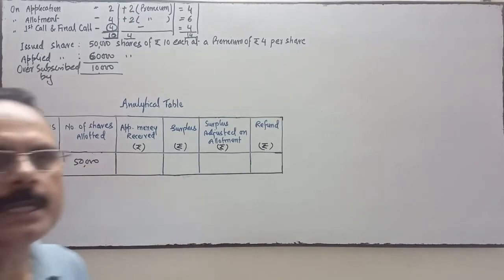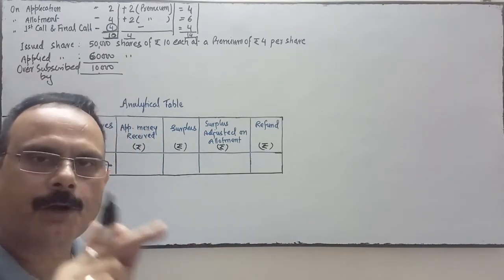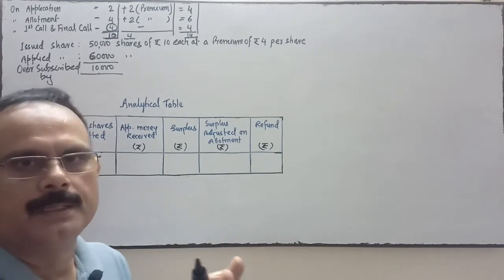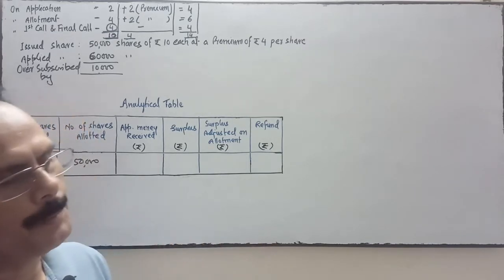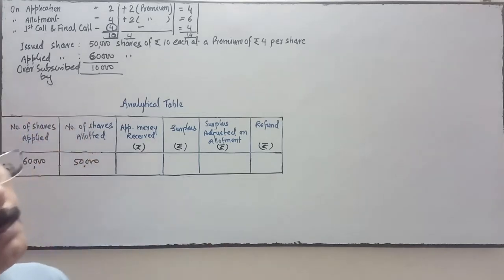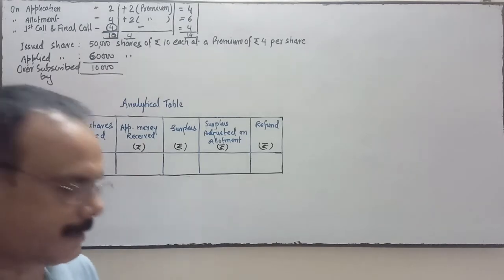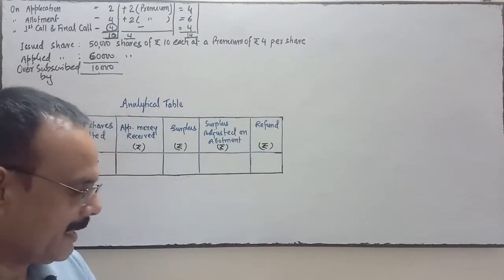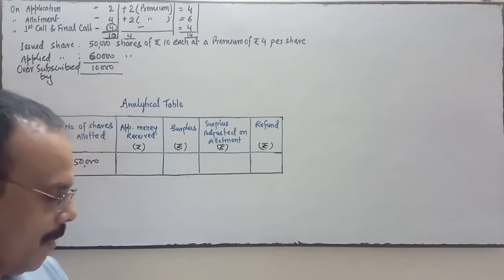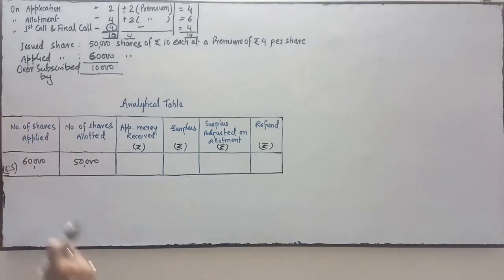This indicates that those who applied for 6 shares, the company has allotted them 5 shares. Nobody's application is outrightly rejected. So excess application money was adjusted towards sum due on allotment.